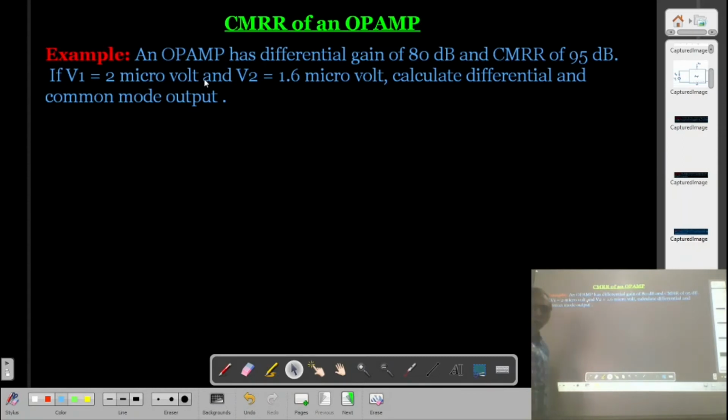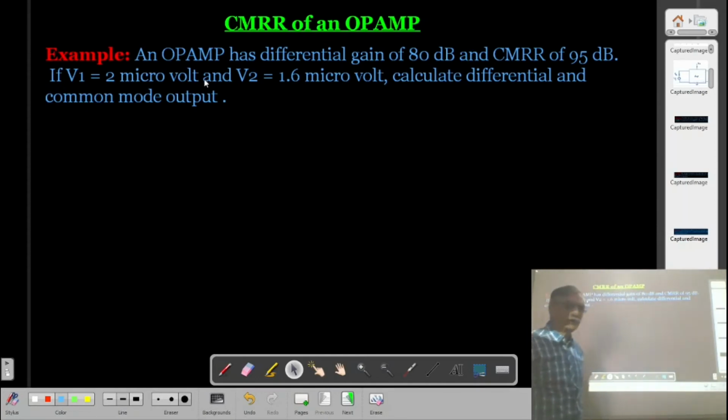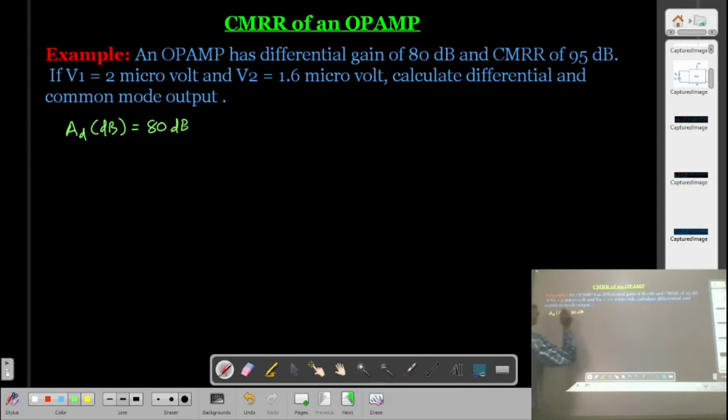So what is that? An operational amplifier has a differential gain of 80 dB and a CMRR of 95 dB. Remember, here the gain is not directly given, but it is given in dB. So we will write AD in dB as 80 dB. Then the CMRR means the rho is also given in dB, and that is 95 dB.